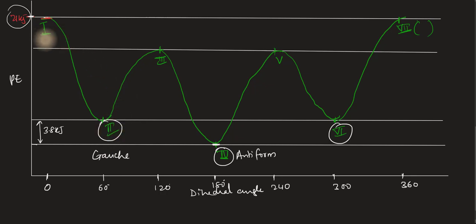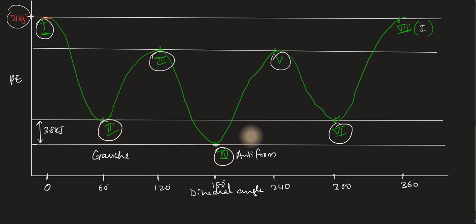Though infinitely many conformations are possible, the structures represented by 1, 3, and 5 are not very stable, and the molecule does not support the existence of such conformers.